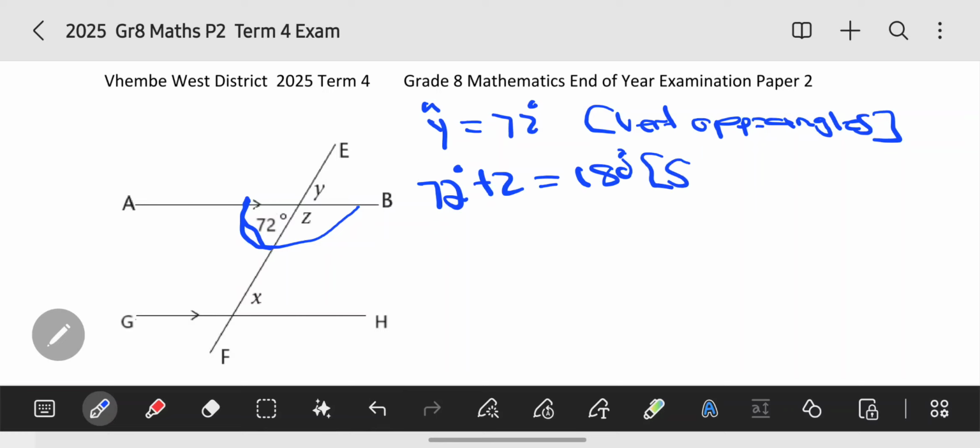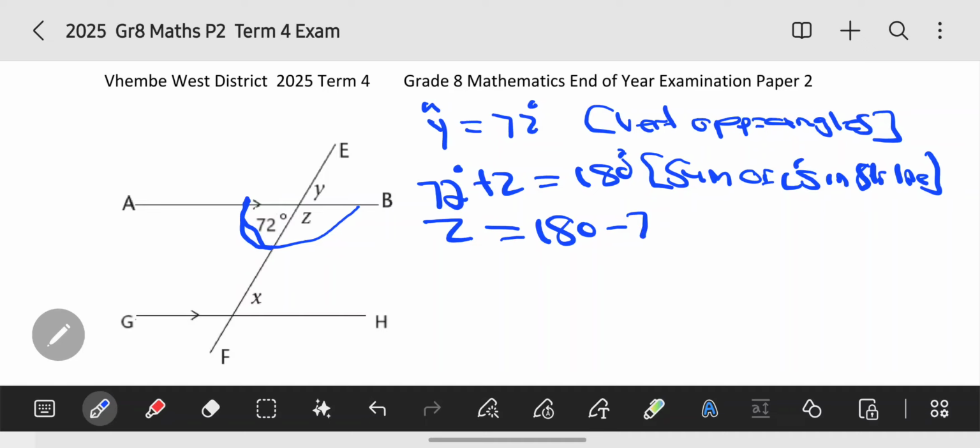Reason: sum of angles on a straight line. Then z is equal to 180 minus 72, and when we press our calculator, we are going to get 108 degrees.